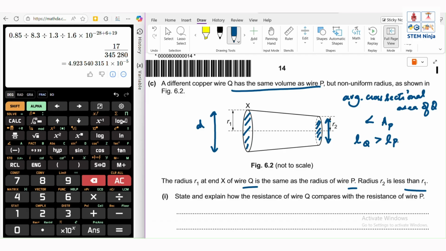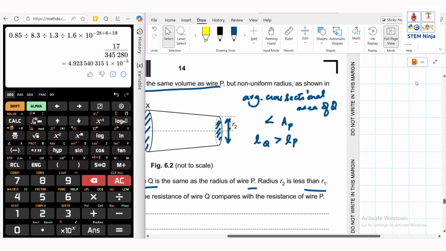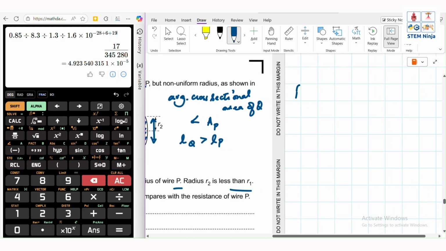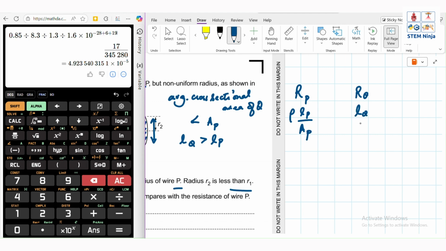Now, since it is still a copper wire, resistivity is the same. So now we need to know the resistance. So if we write RP, RQ, we have rho, LP, AP, LQ, and AQ. So resistivity is basically the same, so we can cancel it out.